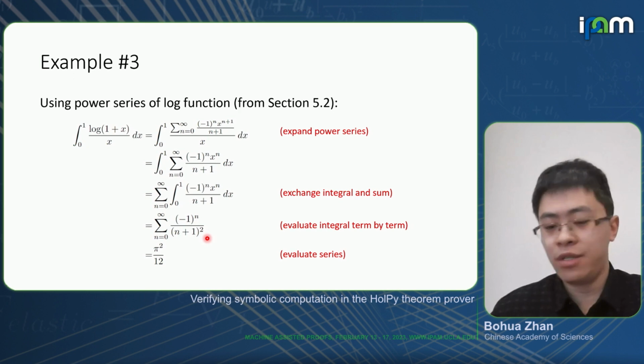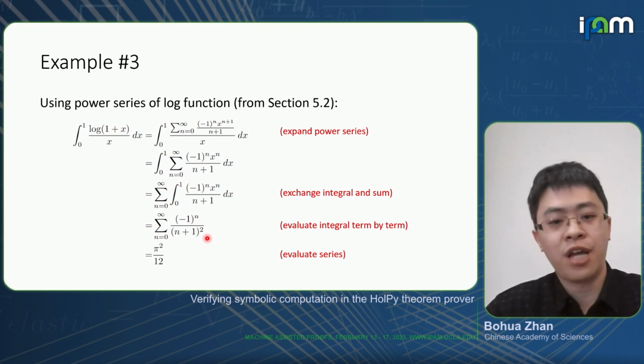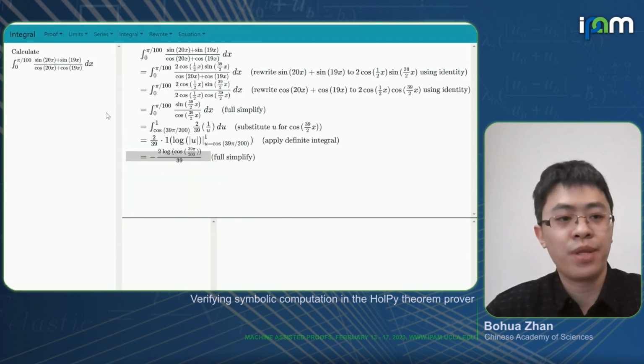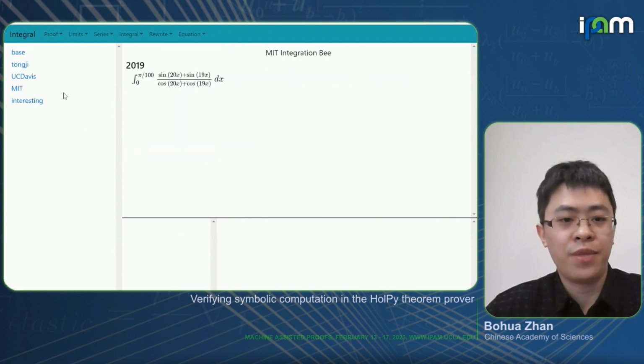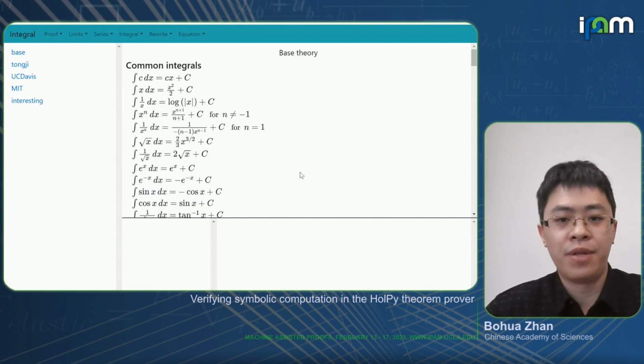Okay, and now let's see how this can be done in our tool. First of all, let's see some other parts of our tool. In our user interface, we have several different what we call books, which are sort of like a series or collection of theories in interactive theorem provers.